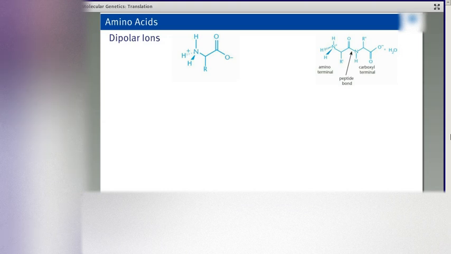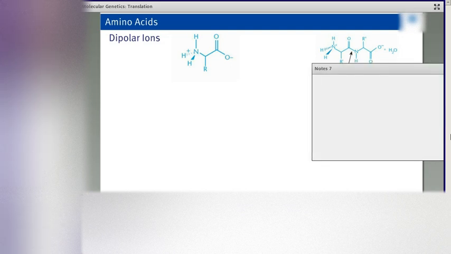Okay, I do have a couple of mnemonics that I think are pretty helpful here. How would I remember all of the hydrophobic amino acids? You guys remember this? Does anyone know this one?